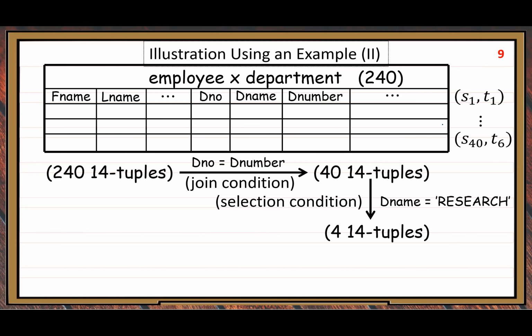But each one is a tuple with 14 columns, and we do not need all 14 columns, right? So we do projection, the last step. We only need 3 columns from the 14.